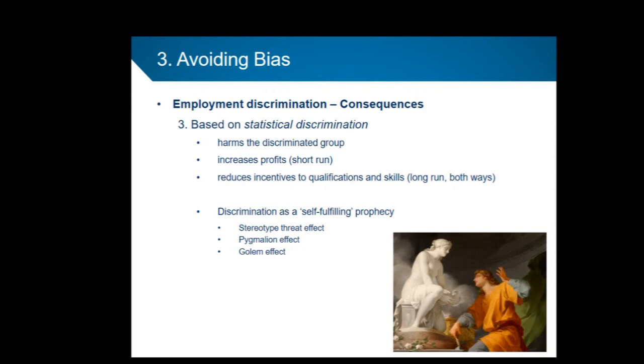Since employees under statistical discrimination invest less in their talents and tend to act in accordance with people's discriminatory perceptions, organizations risk losing profits in the long run. So statistical discrimination raises short-term profits, but over the long term, it risks decreasing profits.